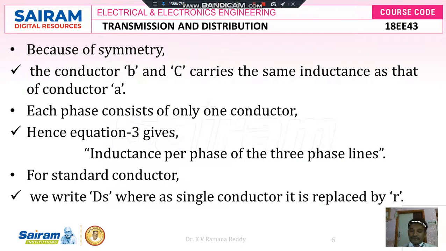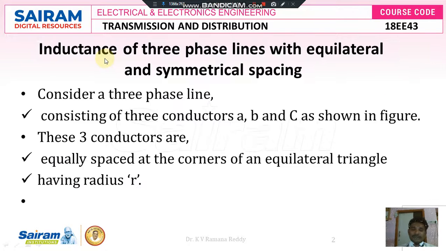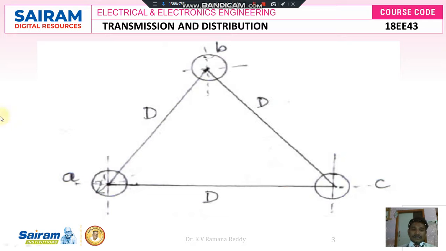From these equations we conclude that because of symmetry. What is symmetry here? The three conductors, conductor A, conductor B, conductor C, are all symmetrical conductors carrying the same amount of current. Conductor A carries the current IA, conductor B carries IB, conductor C carries IC.